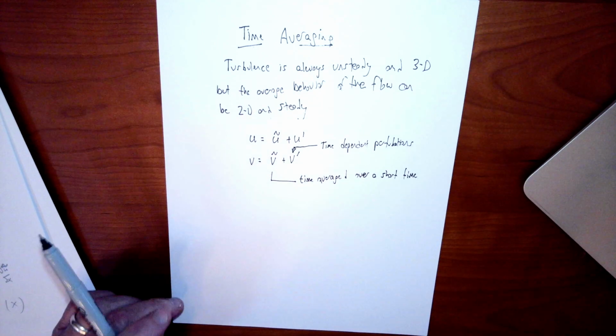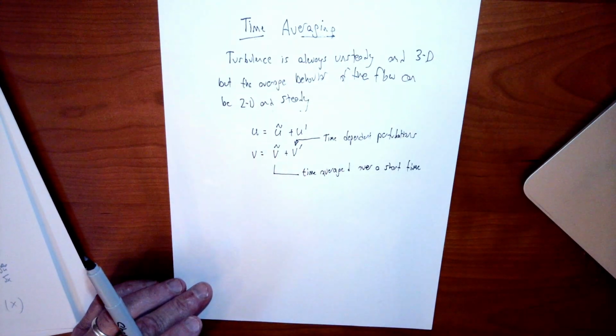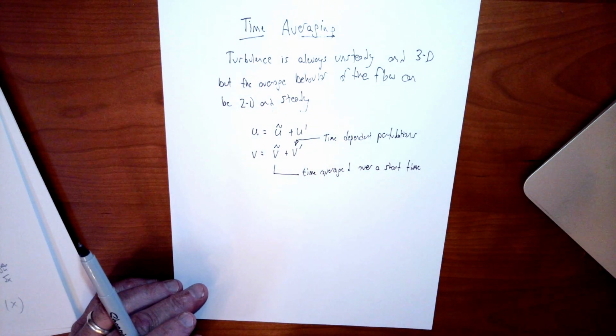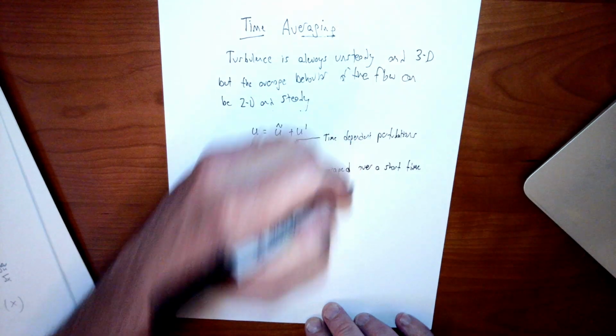That's a way of getting some meaningful information and talking about turbulent flow in a more understandable way than just saying it's always changing and you really can't say anything about it.